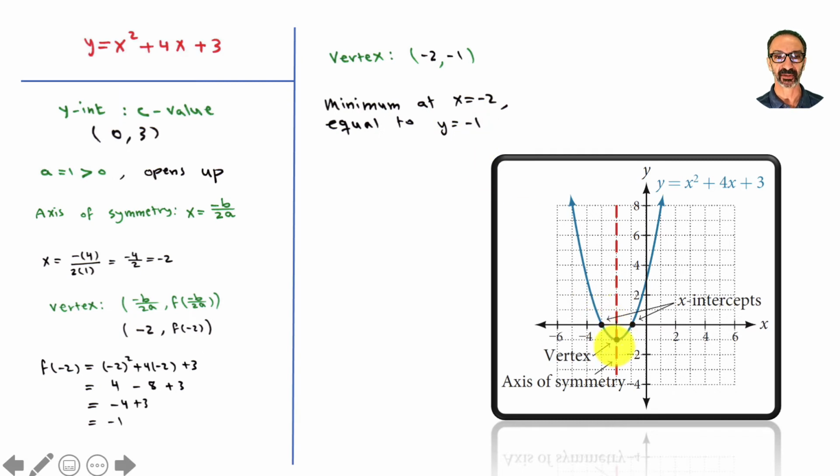Before I move to another example, I just want to mention that looking at the scale here, it's going by 1 on both x and y axes. And you see this box right here? This is like what I mentioned earlier, 1, 1. That confirms that the stretch factor, which is a, the leading coefficient of the leading term, is actually 1.